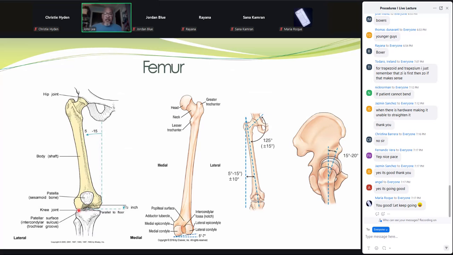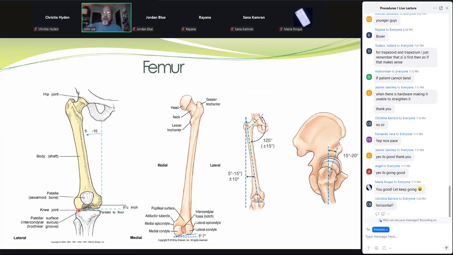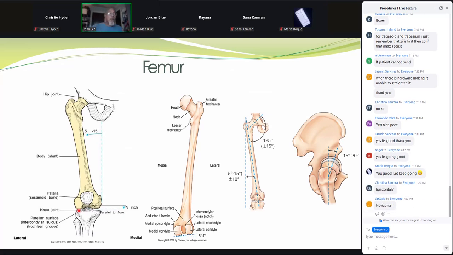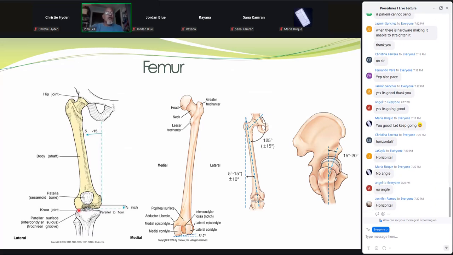What are your thoughts? What have you seen and experienced? Good. Got a couple horizontals? No angle. That's good. I like seeing that.